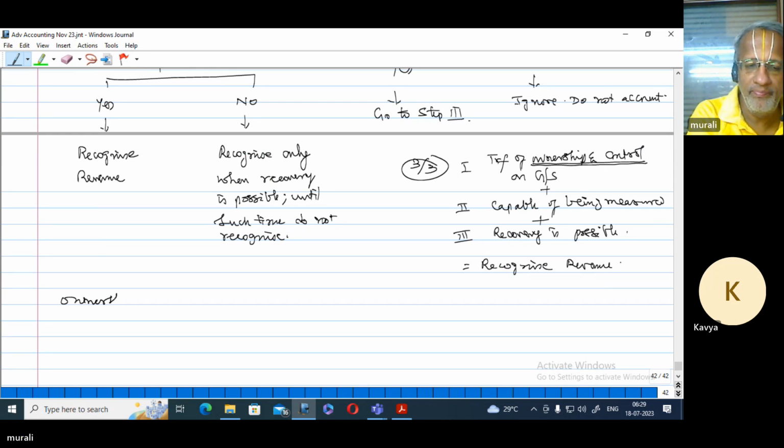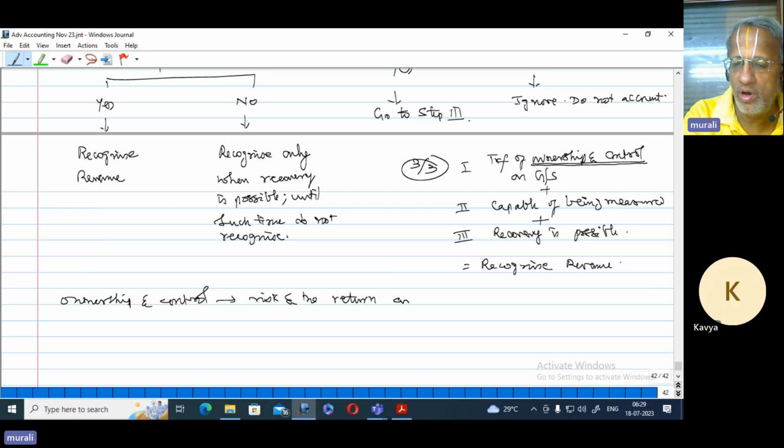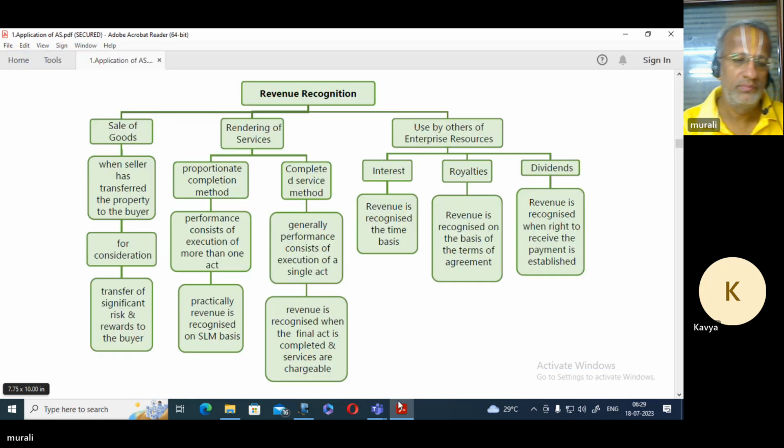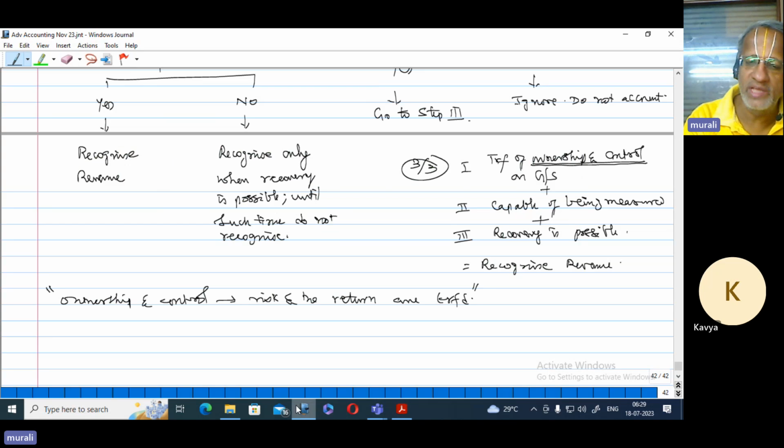Ownership and control means risk and return being transferred. Return would always be referred to as risk and reward.